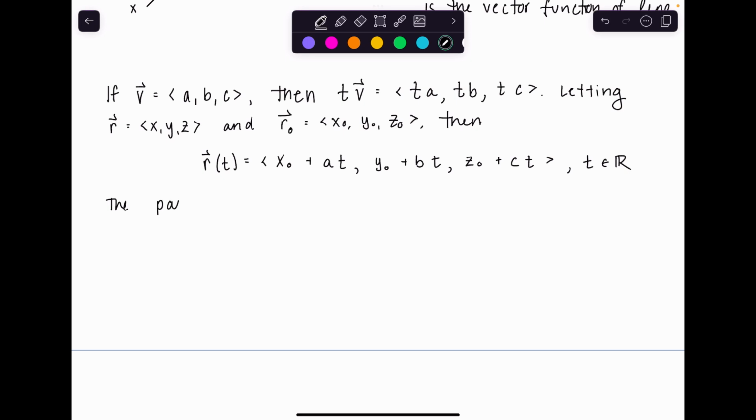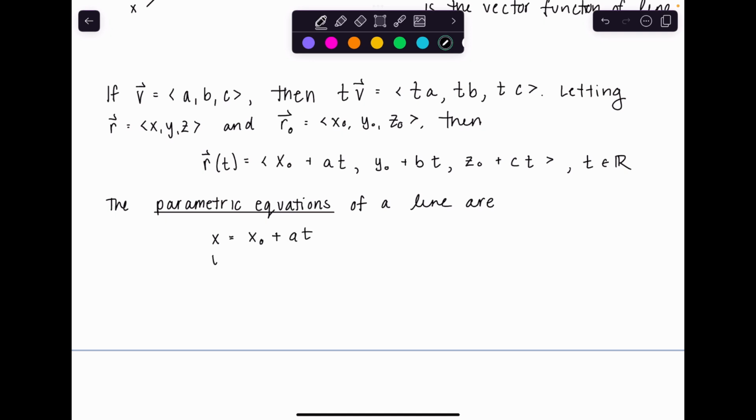So the parametric equations of a line are the following. Our x-coordinate is given by x naught plus at.